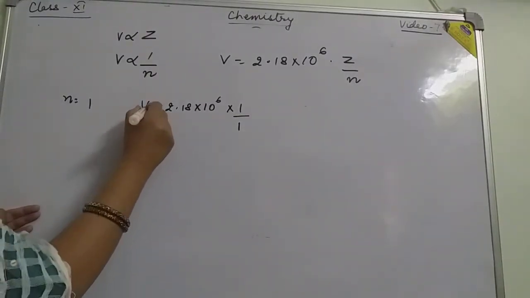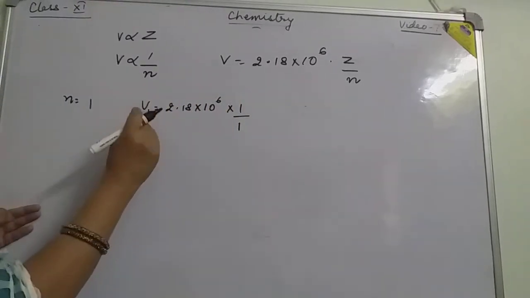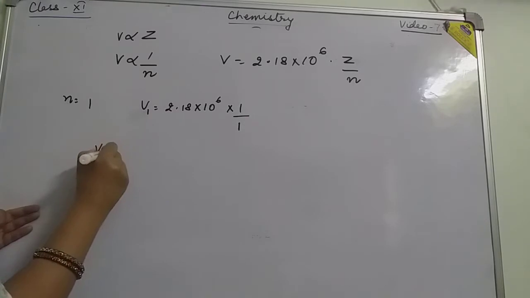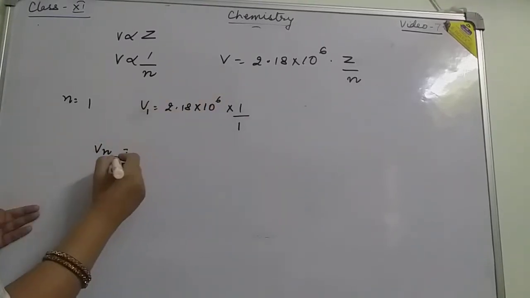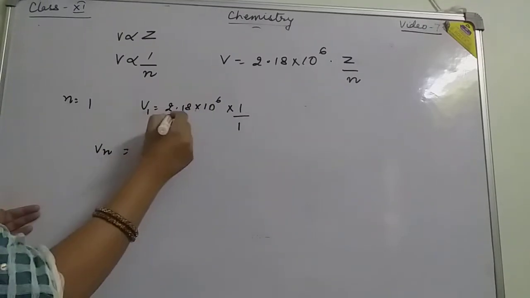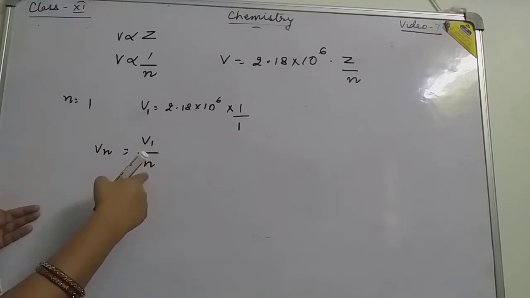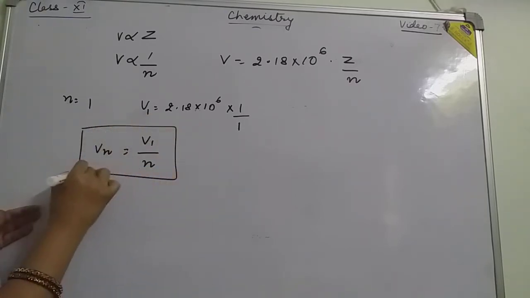So V1 is equal to 2.18 into 10 to the power of 6. We can use this V1 value for Vn. Vn is equal to V1 by n. For different shells we can calculate velocity by this equation.